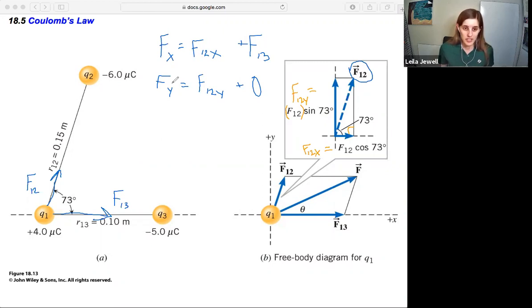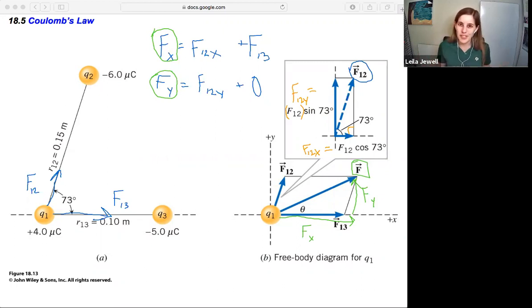And so these Fx and Fy, if I color code them with green, would make up the net x direction, Fx, and the net y direction, Fy, of the overall force F. And if we have the x and y components and we want to get the overall magnitude, what can we do?